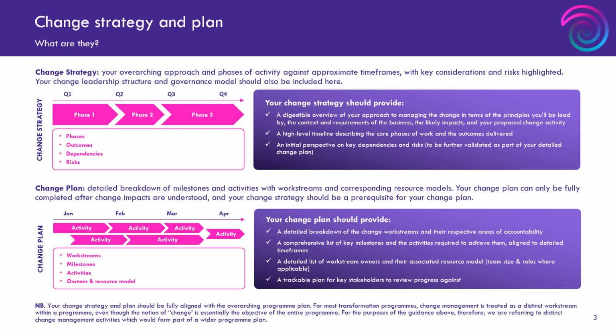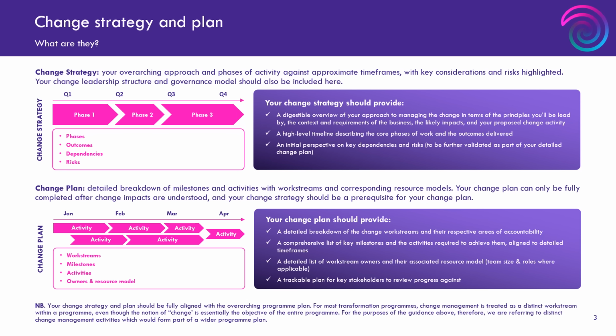So what's the approach in terms of, are you going to need training, communications? What form is that going to need to take? What are those phases going to look like? Also calling out some of the key risks and dependencies, and potentially your governance structure around your team, etc. So that's really what your change strategy is doing, and it's then informing the rest of the activity that will help you to get into the detail of your change plan.